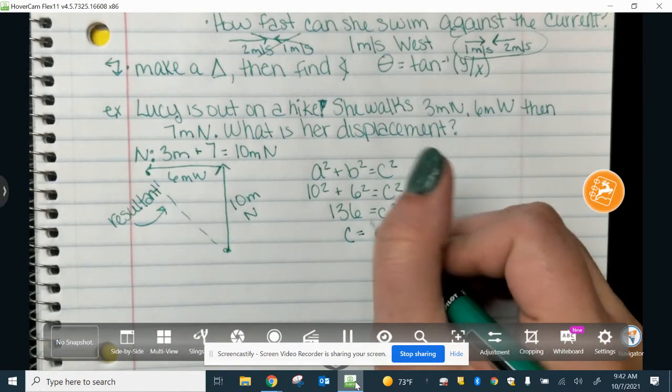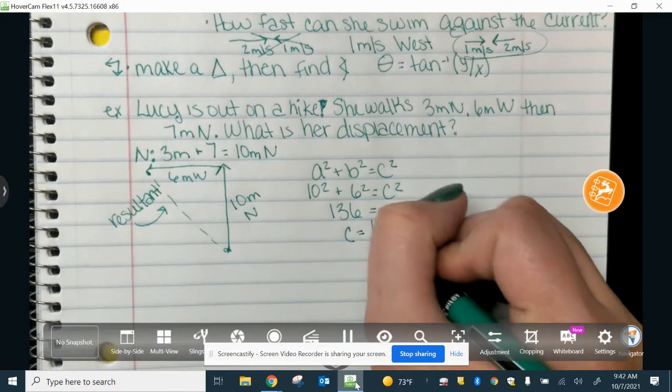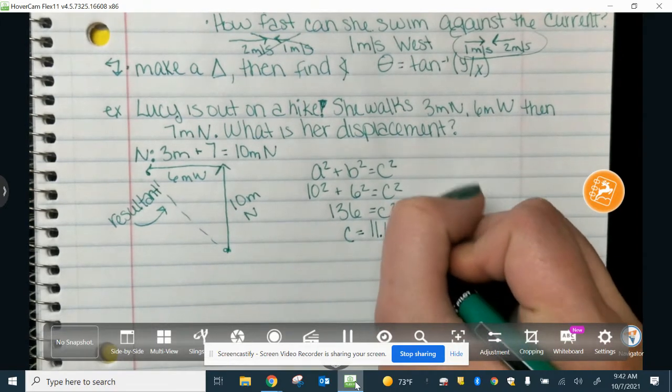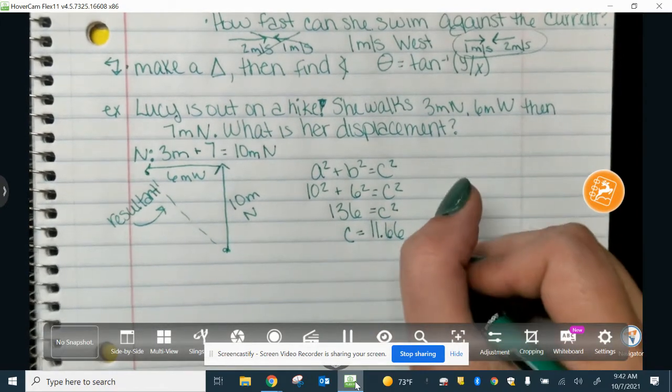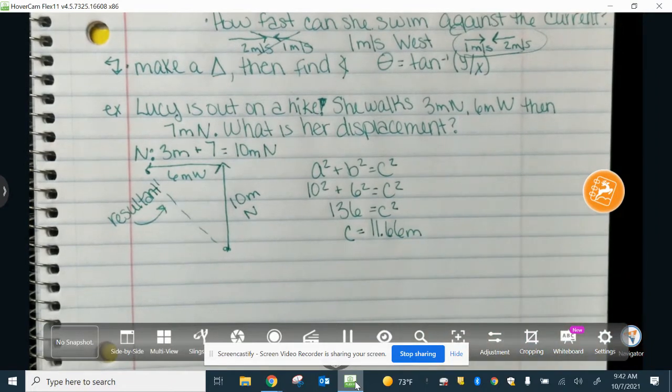So the square root of 136 is going to be 11.66 meters.